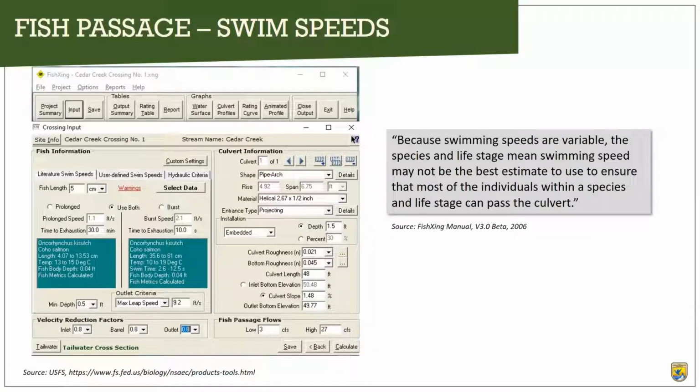So this introduces another layer of error to this type of analysis, as this uncertainty extends to the high and low fish passage flows that we use for this type of analysis. The bottom line is Fish Crossing and Fish Pass probably don't accurately reflect how passable a culvert will be in the real world.